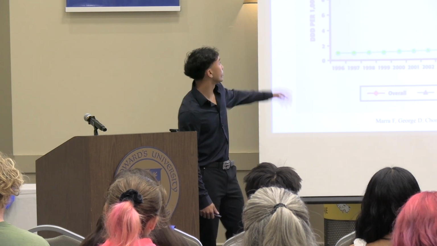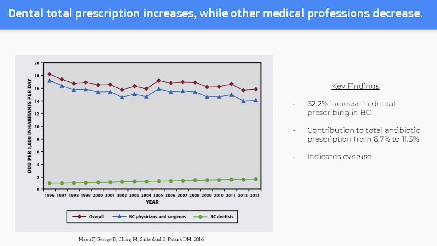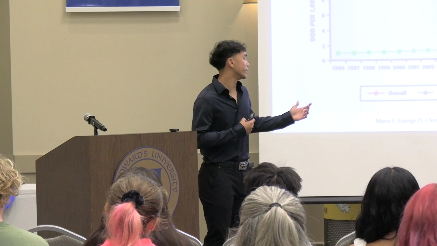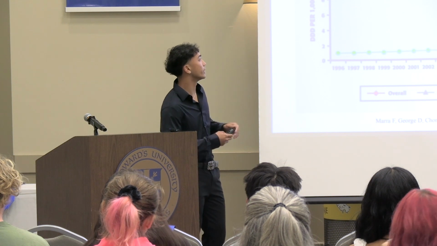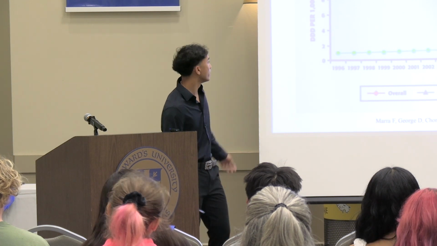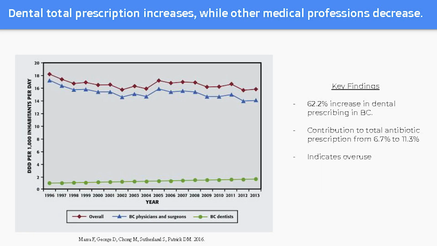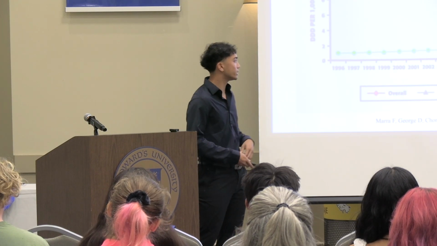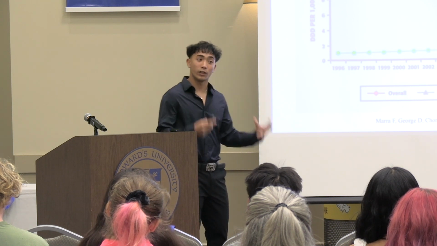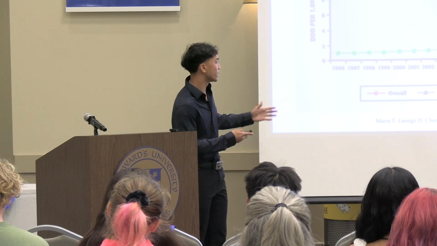As we can see in this graph, there's an obvious difference from that blue graph, which shows the British Columbian physicians and surgeons, where they show a decrease in their prescription of antibiotics. But in the green graph, we see a steady and consistent increase of total antibiotic prescriptions by dentists. So that maybe indicates overuse and shows a gap when it comes to dentistry.